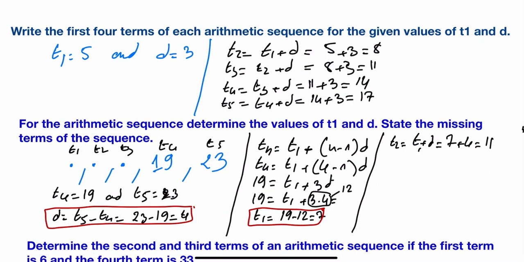T3 is the same thing, T2 plus D, which is 11 plus 4, which is 15. So we found T1 is 7, T2 is 11, T3 is 15, and we have our D, which is 4.